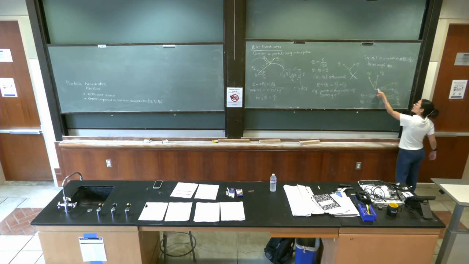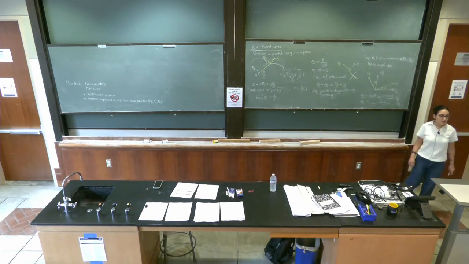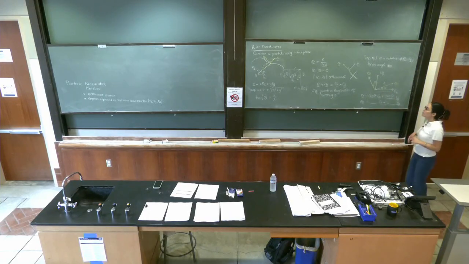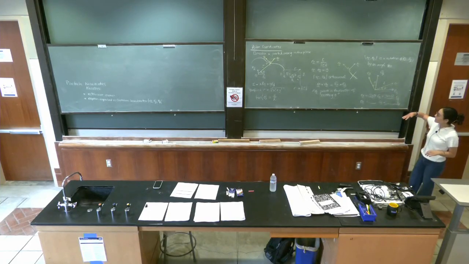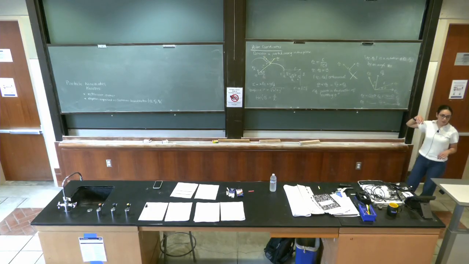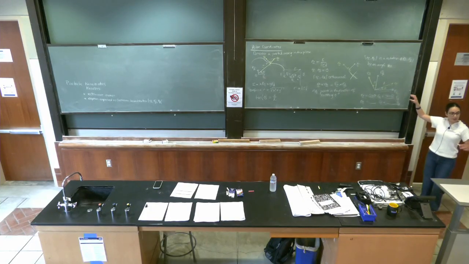The magnitude of e_r is 1, so this is a right triangle, length 1, angle theta. The e_x component is 1 cosine theta along e_x, and the e_y component is 1 sine theta. And notice this is a unit vector, so if I calculate the magnitude of e_r, it is equal to 1.